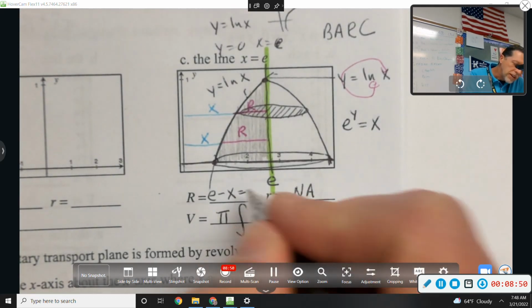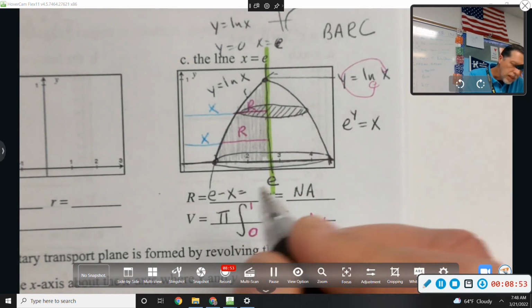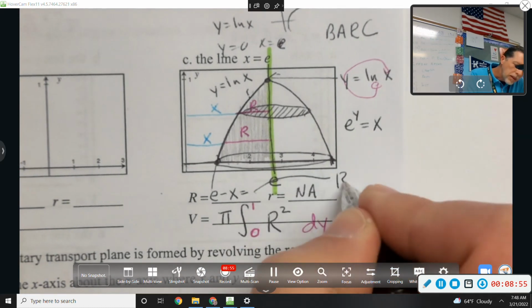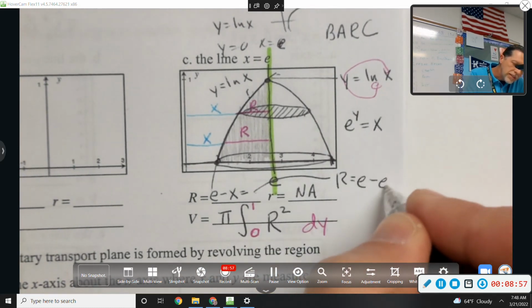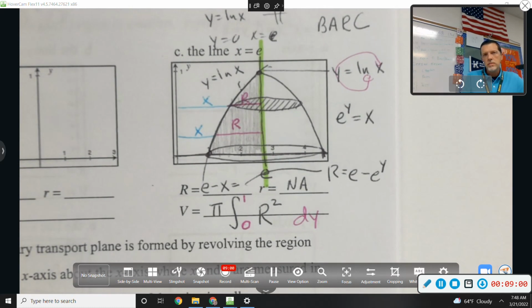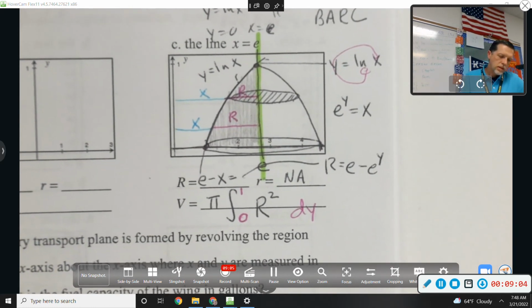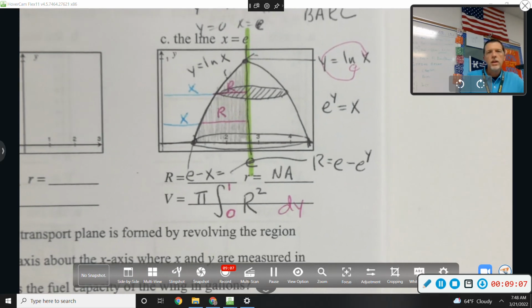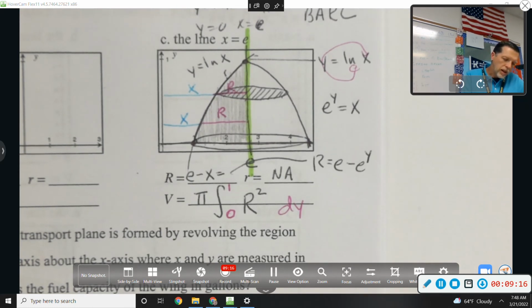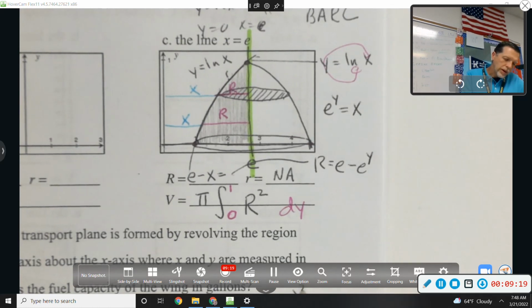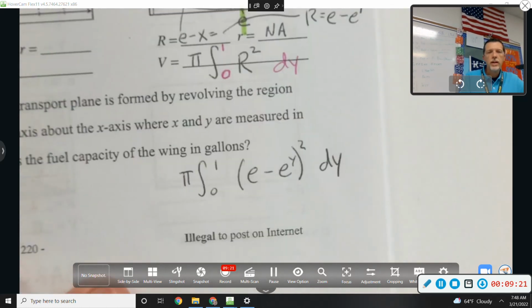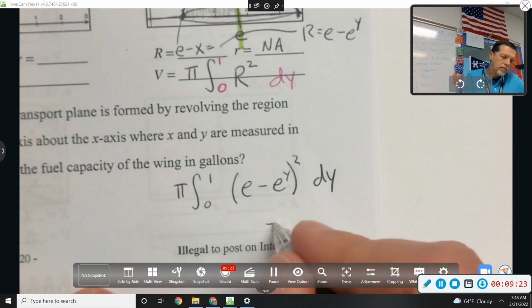So big R then is e minus e to the y. Again, that's fine for showing your work. When it comes to the calculator, you'd have to put in e minus e to the y squared dy from 0 to 1, and then whatever you get from that.